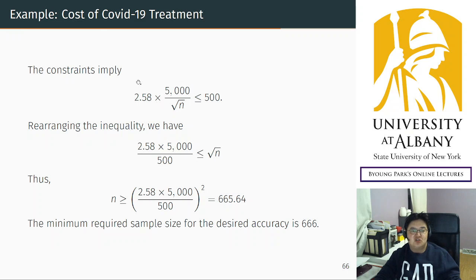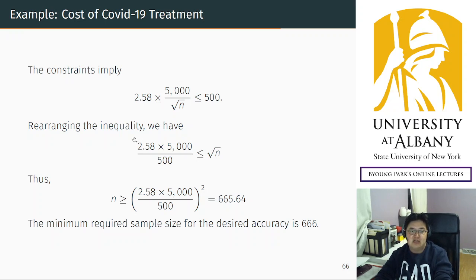So this is the margin of error given the confidence level and standard deviation. This margin of error should be smaller than or equal to 500. Then, moving around the terms, move 500 to the denominator and multiply by square root of n on both sides. You get square root of n should be greater than or equal to this number.